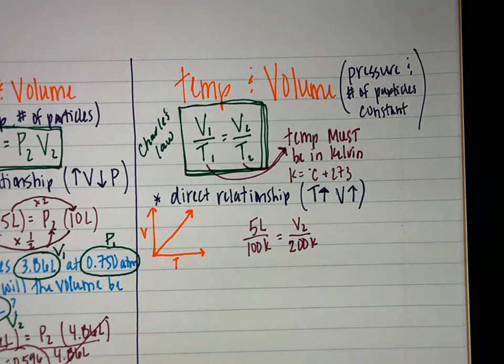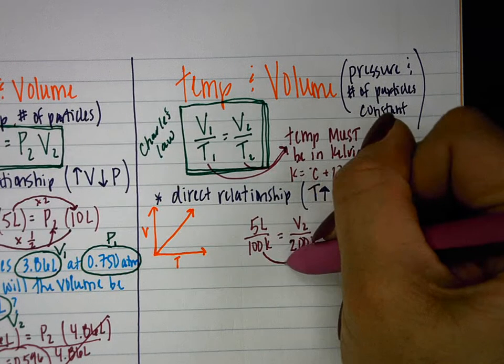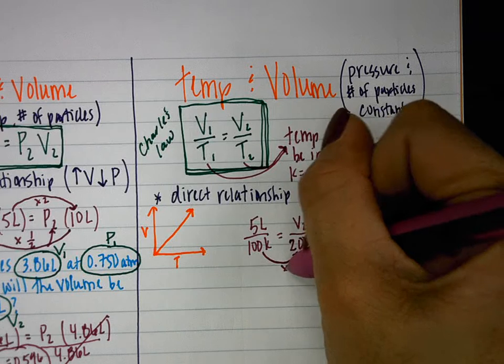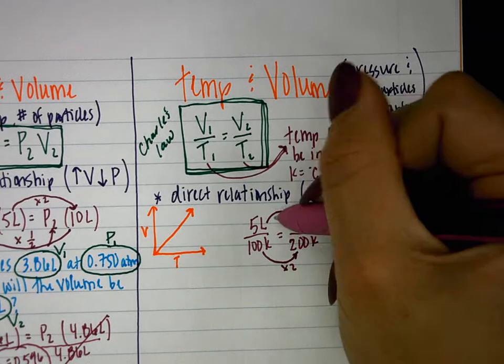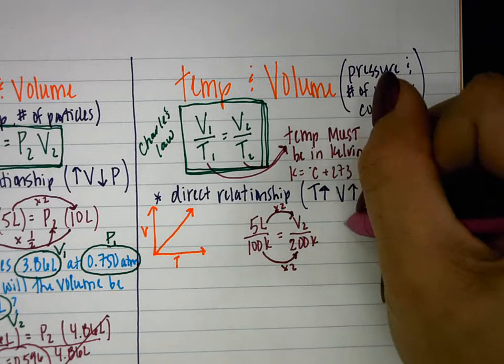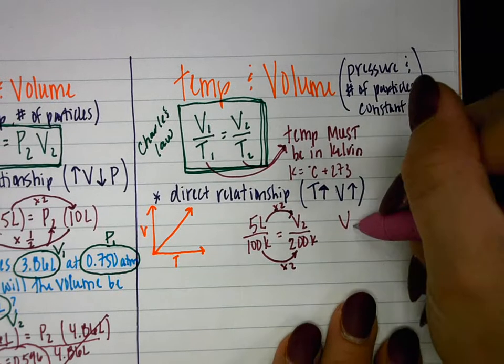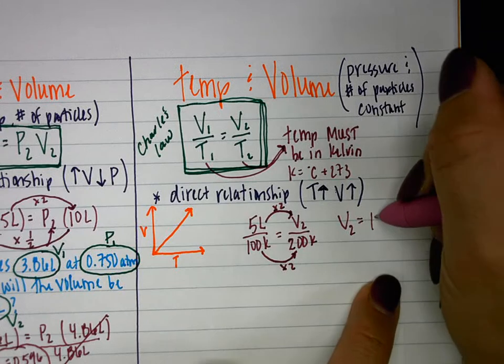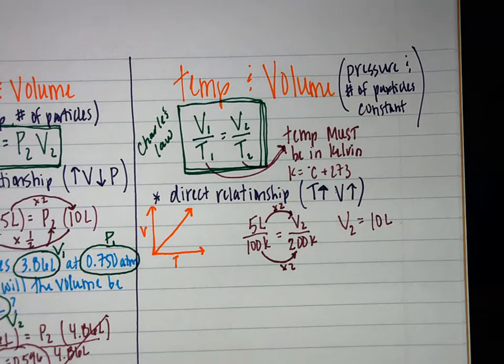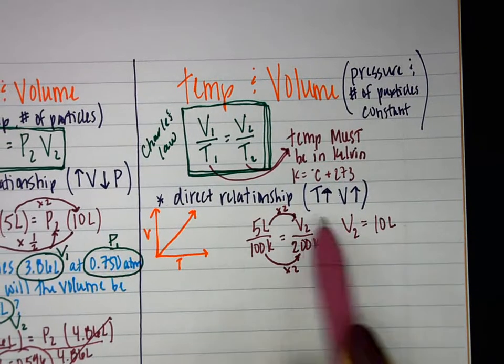We can look at that, and we know this is doubling, and since it's a direct relationship, this is going to double as well. So really, looking at something easy like that, you don't have to do any math. Your V2, doubling 5 would give us 10 liters. It's a direct relationship. So whatever happens there would happen there.